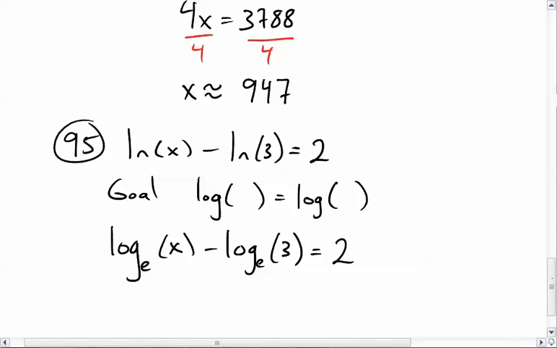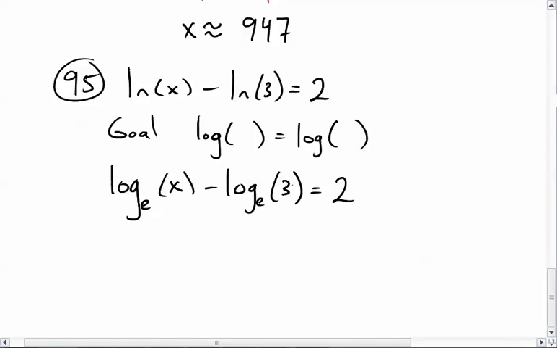Okay, we're going to use the log laws to try to combine all the logs and to make it as compressed and compact as possible. So when you have two separate logs being subtracted, you can write that as division inside of one logarithm. So we use your log laws to compress your equations.